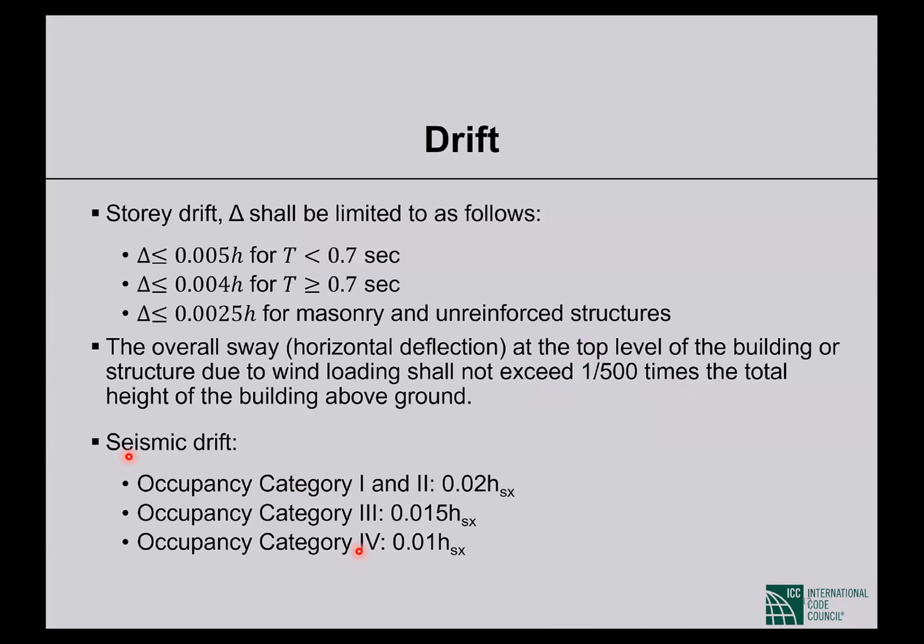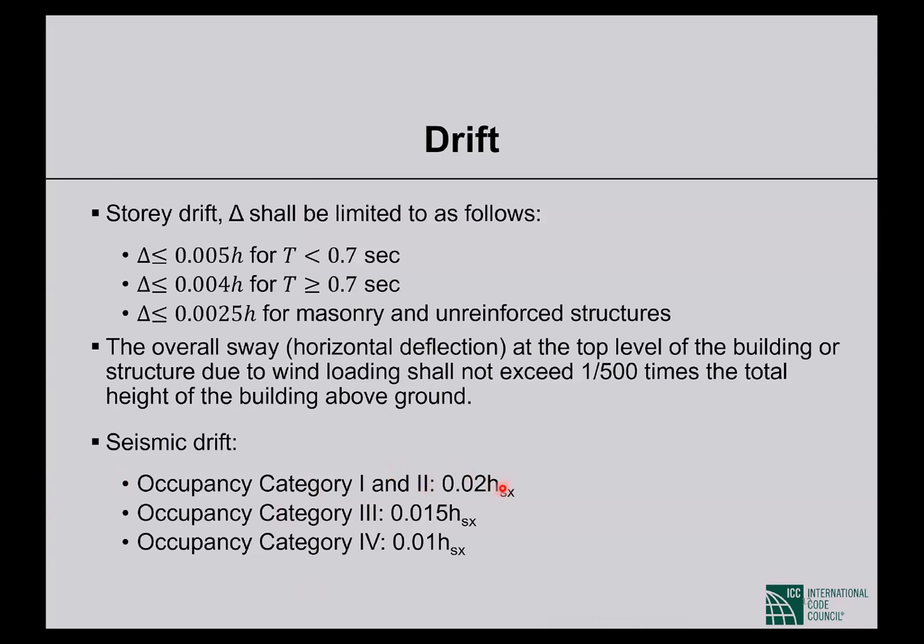Now, seismic drift, although this is not part of chapter 1, this is actually part of chapter 2, but I have included this information in the same slide so that you know that there is a separate clause for drift limit for earthquake loading. The seismic drift has been related to occupancy category, basically for different occupancy categories, that is the risk categories, like for low hazard buildings and standard occupancies.